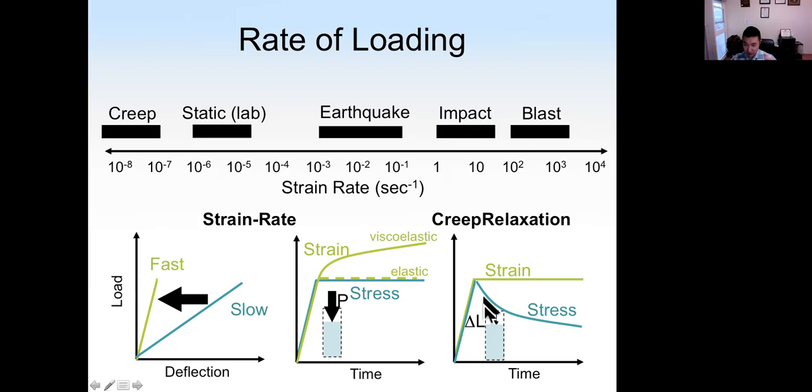Relaxation means if we do not change the delta L, so we keep the same strain level, the internal stress will be smaller. We call that relaxation, because the stress level is reduced, it's relaxed.